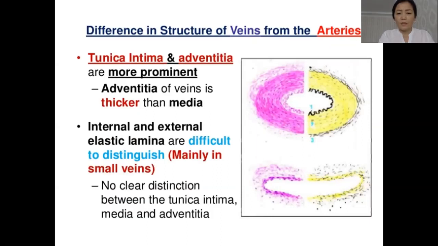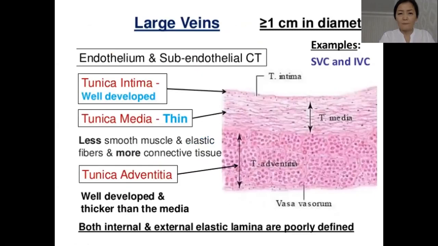The internal and the external elastic laminae are difficult to distinguish in the wall of vein. But in muscular artery, we said that the internal elastic lamina and the external elastic lamina are clearly distinguished. So this is also a difference between the artery and the vein.